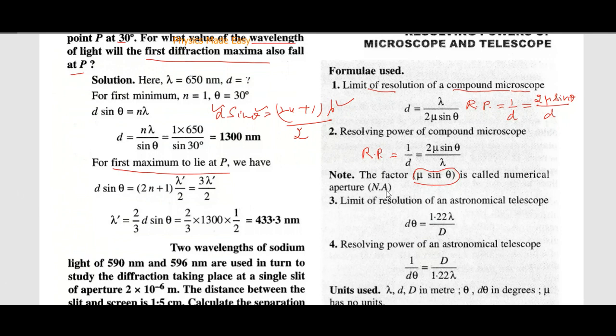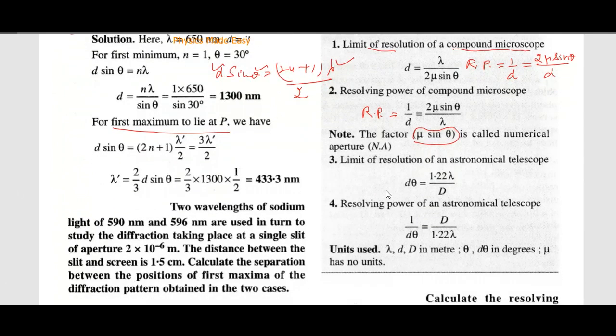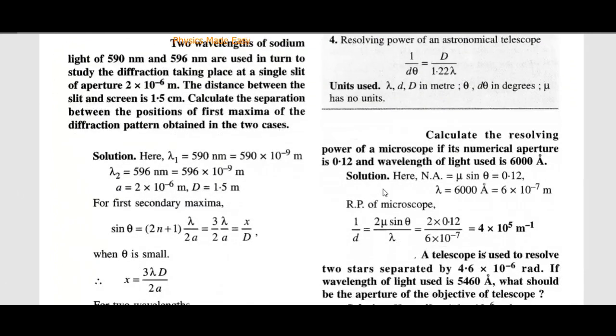It is distance in the case of a compound microscope, and the angle d theta is the limit of resolution. 1 by d theta is resolving power. It is the case of a telescope. D is the limit of resolution and 1 by d is resolving power. This is the case of a compound microscope.